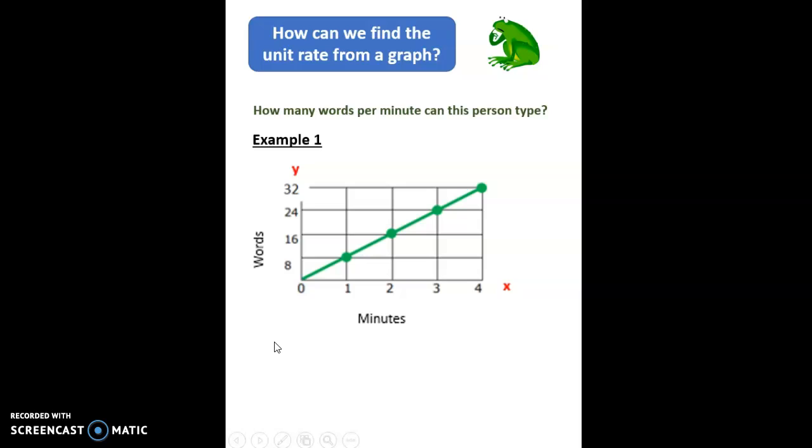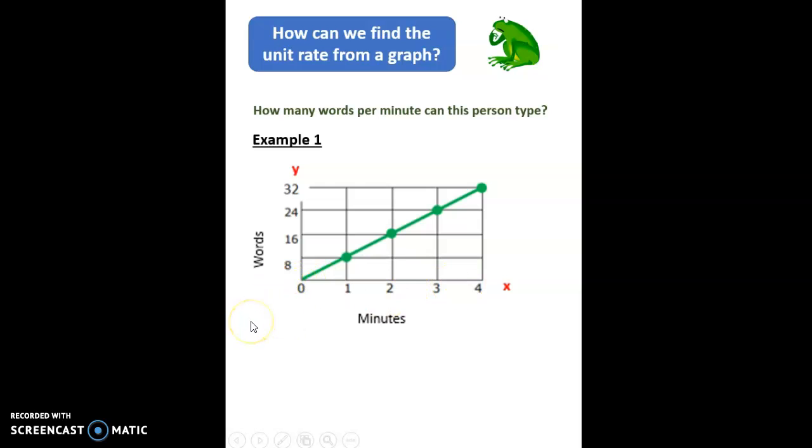Good. So that brings us to our second objective. How do we find the unit rate? How many words per minute can this person type? Let's look at this graph. We have words and we have minutes.